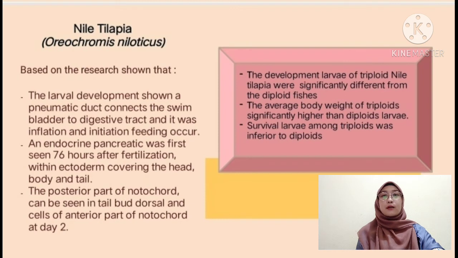The posterior part of notochord can be seen in tail bud dorsal and cell of anterior part of notochord at day 2. Based on the research, the development larvae of triploid Nile tilapia were significantly different from the diploid fishes. The average body weight of triploids significantly higher than diploid larvae. Survival larvae among triploids was inferior to diploids.